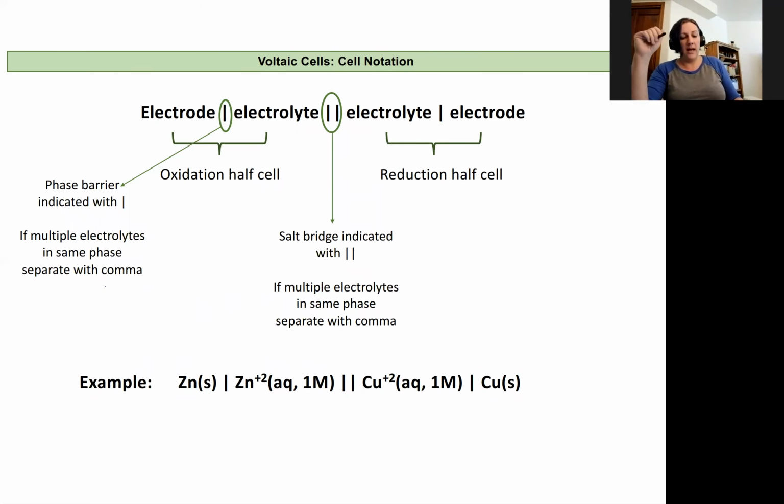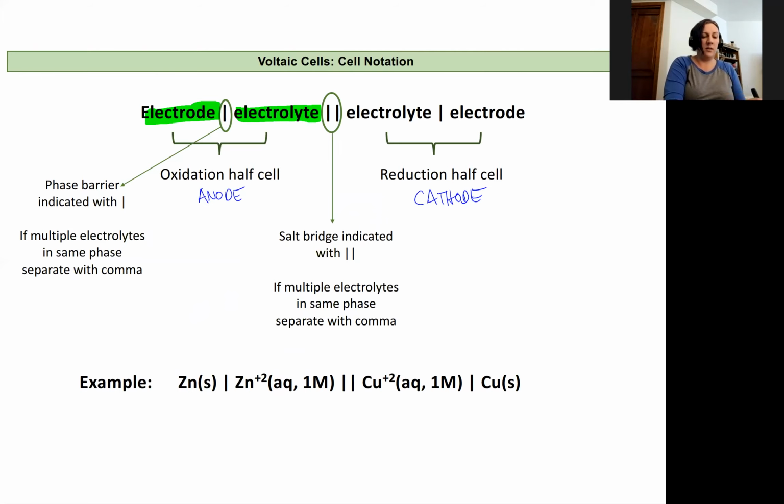So to have our voltaic cell, before, remember we had on the oxidation half, that was our anode. And on our reduction half cell, that was our cathode of our voltaic cell. And I'm going to write out the way my voltaic cell was constructed by always putting first the electrode and then the electrolyte.